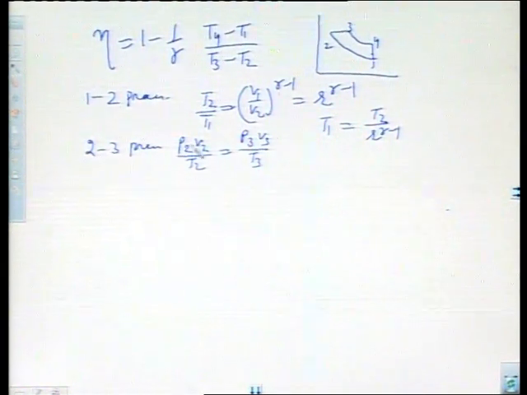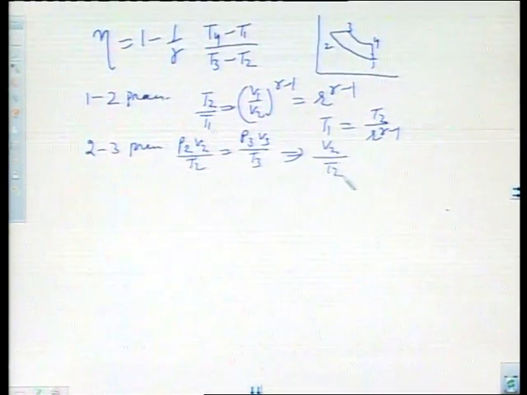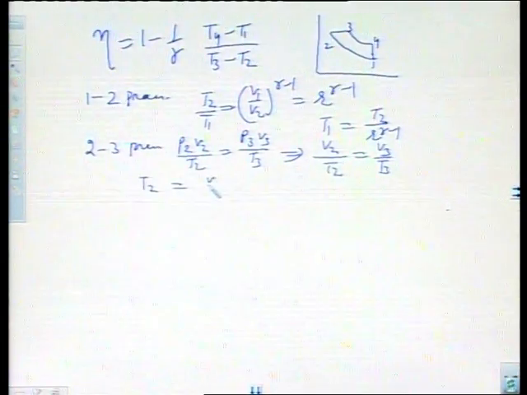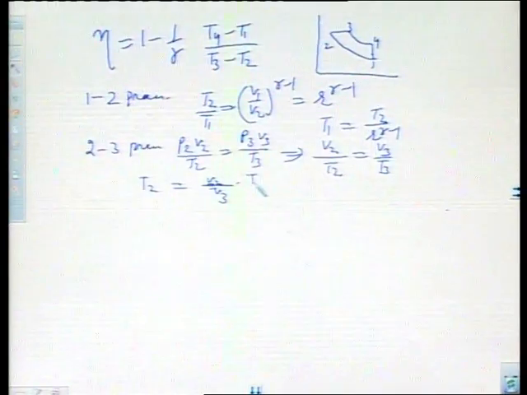So, pressure is constant here, and we can write V2 divided by T2 is equal to V3 divided by T3, or T2 is nothing but V2 divided by V3 multiplied by T3. What is V2 by V3?